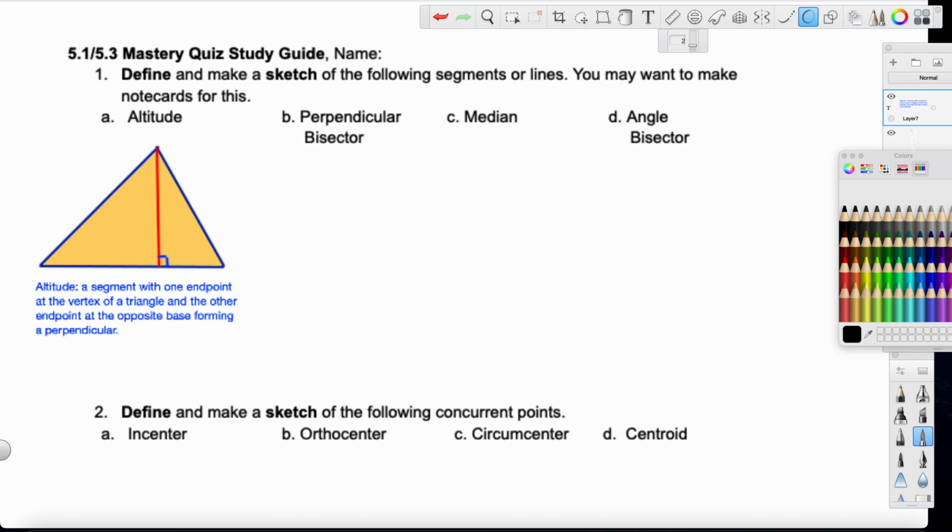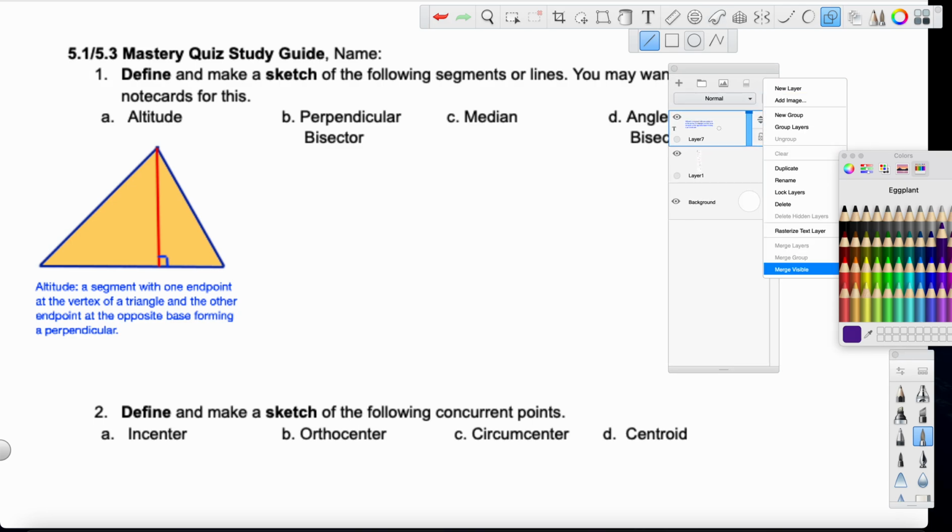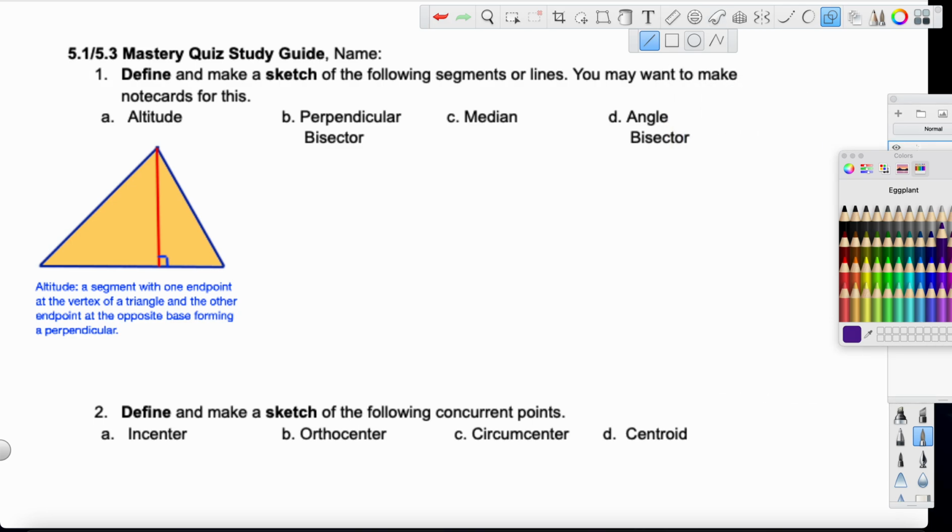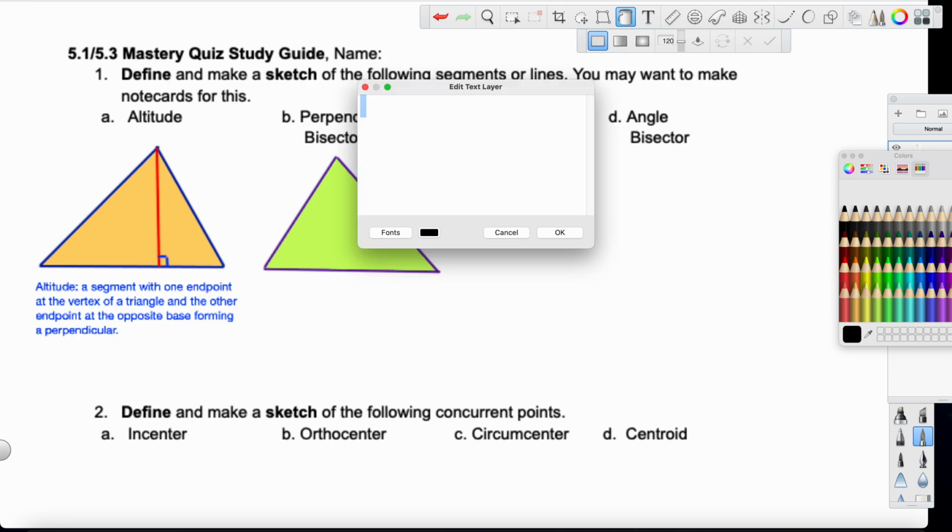Very good. Perpendicular bisector. Okay, so perpendicular bisector, maybe I'll define this.